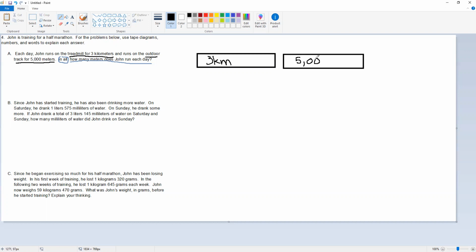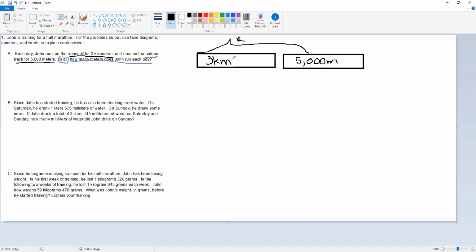So what I'm trying to figure out is all together, how much does he run each day? So what do I need to do to figure that out? I'm going to add those two together.